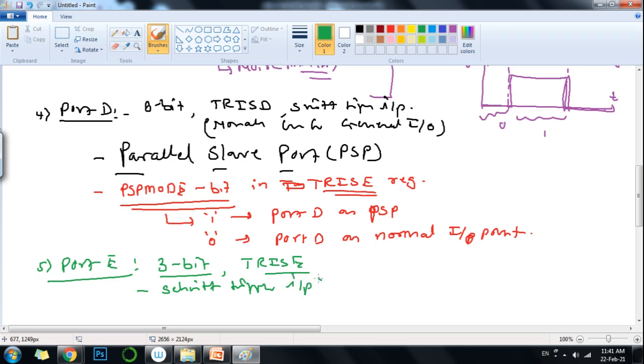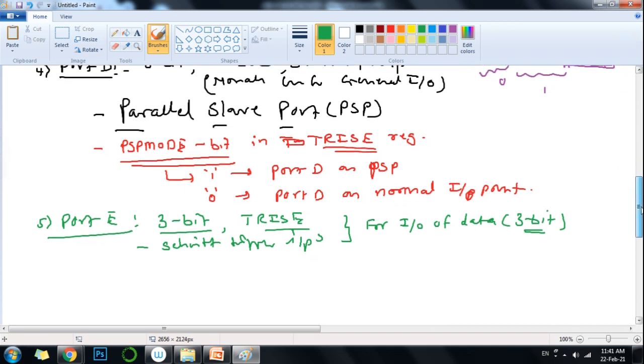Otherwise it is normally used for simple I/O of data. Of course, it will be 3-bit data only because it's a 3-bit port. That is the basic function of this port.